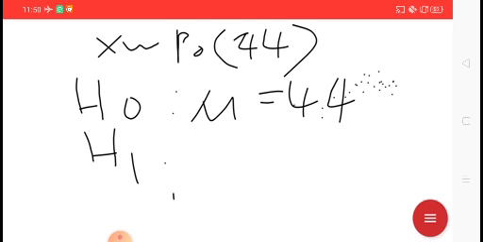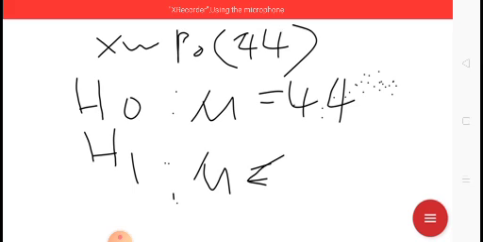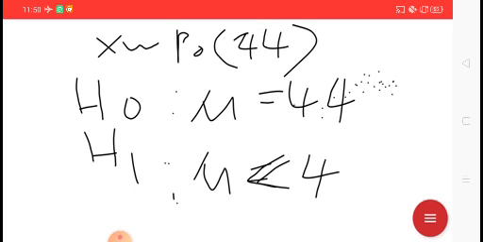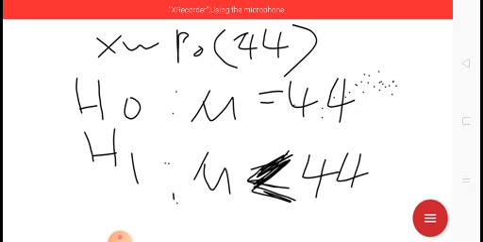Okay, test the manufacturer's claim. The manufacturer's claim is that the paint is fly repellent. So if this is a repellent, it means the flies should be fewer, right? Lesser only. Okay, so this is the hypothesis that you need to form. Once you form it, then you can start to do the approximation.